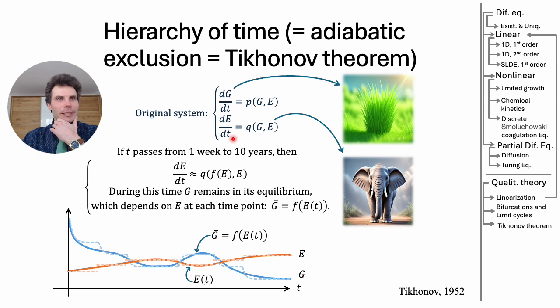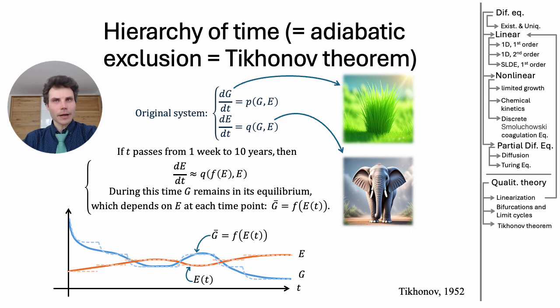So we can simplify the original system by ignoring the differential kinetics of the grass and by placing the quasi-stationary state of the grass instead of the grass variable in the second equation, as shown here. And we can be solving only the one-dimensional equation, which is always simpler than solving a two-dimensional equation.